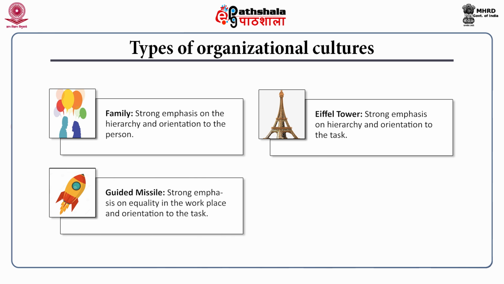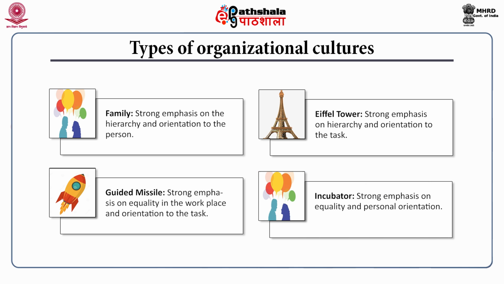Third is guided missile. In this type of organizational culture, there is a strong emphasis on equality in the workplace and orientation to the task. And fourth is incubator. In the incubator, there is again a strong emphasis on equality and personal orientation.